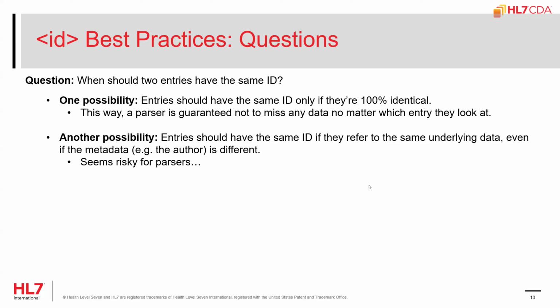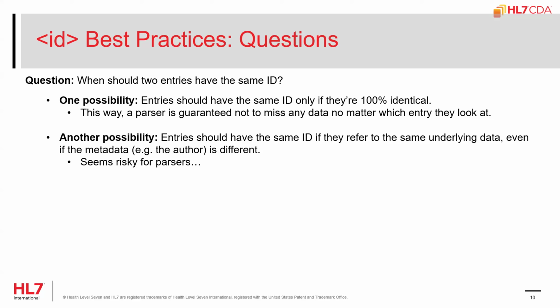But another thing you could argue is that even if two entries aren't 100% identical, say one has a documented phone number and the other doesn't, or one is an author element in a CDA document and the other is a patient role element in the CDA document.